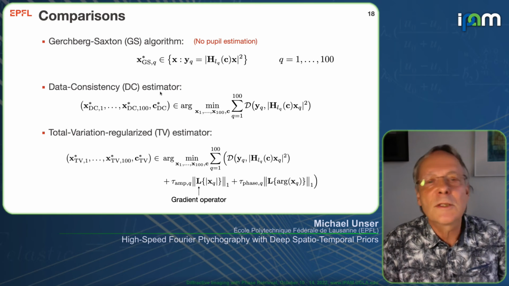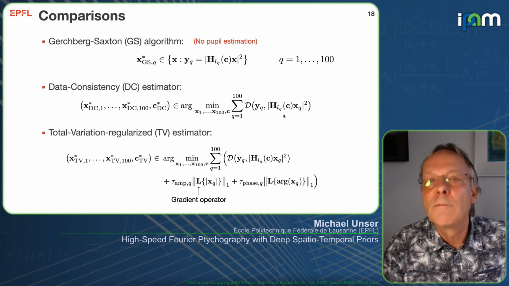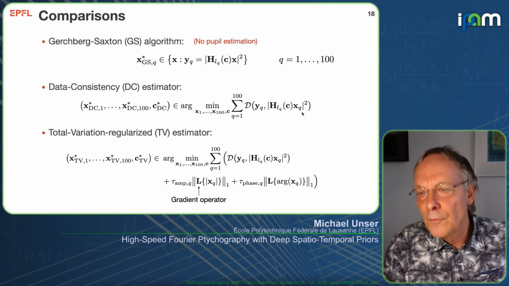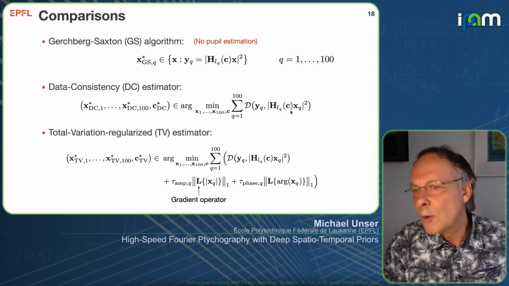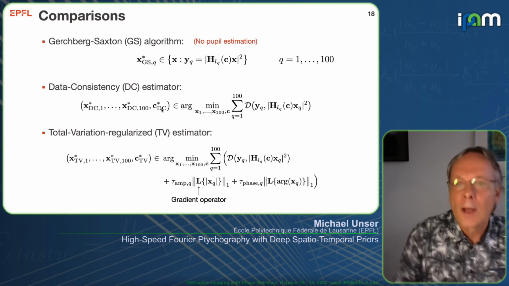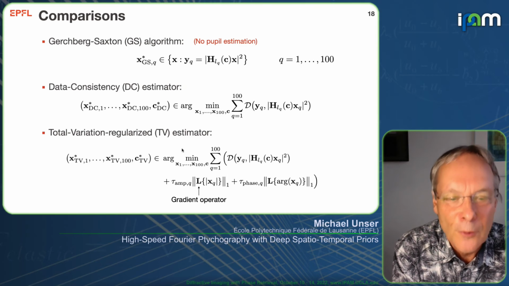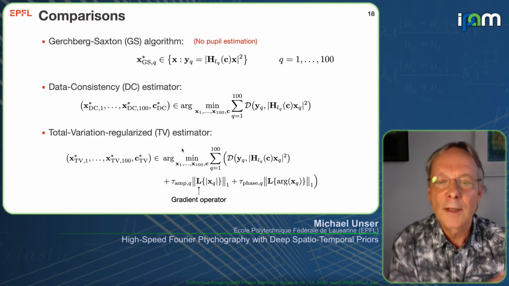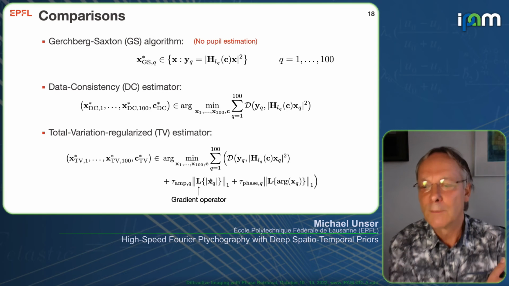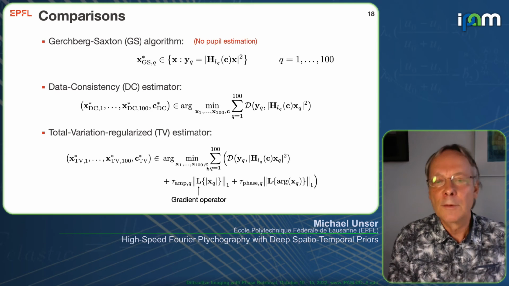Then we have a data consistency estimator, which I would say is maybe a slight refinement on the Gerchberg-Saxton, because here we're framing it as an optimization problem, which allows you also to estimate the pupil parameters, but there's no regularization. And then, of course, the workhorse of inverse problems, regularization, total variation. We have the same data term here, but imposing total variation both on the amplitude and the phase.